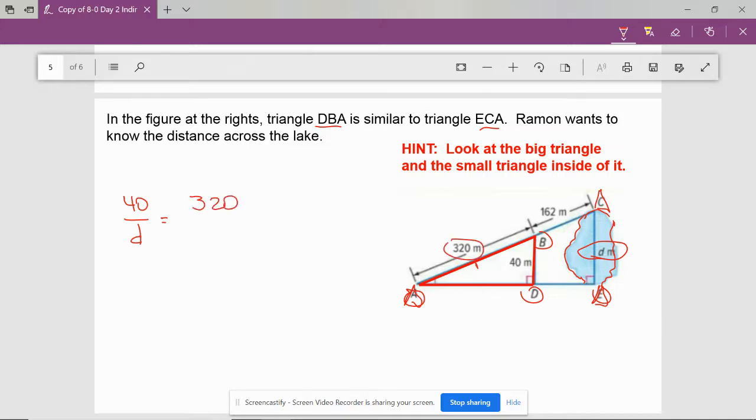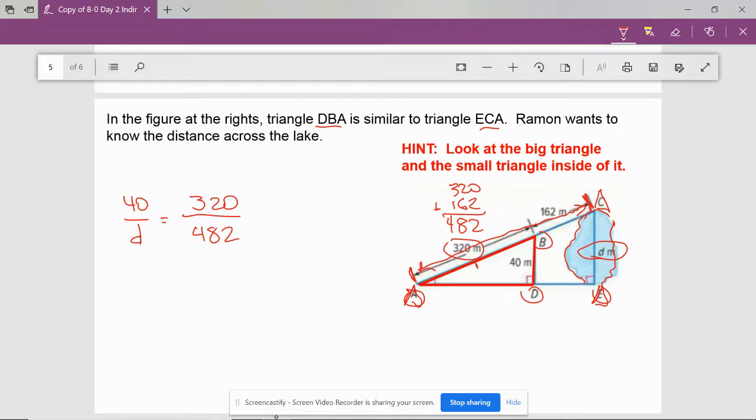And then I have to use this long side of the big triangle, which is 320 plus 162, to get that big, long side right there. And we get 482. Hopefully that makes sense.